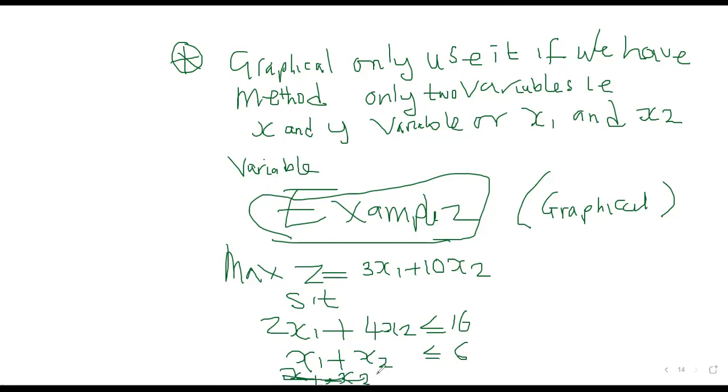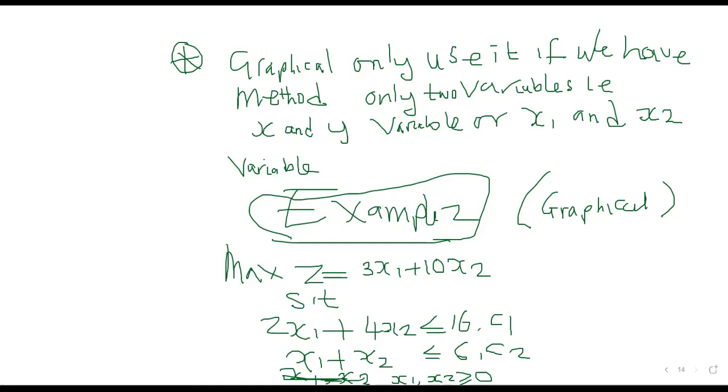So we have now just these two, constraint 1, constraint 2, and then you simply say x1 and x2 greater or equal to 0. All right, so we have to graph those ones. We need to graph them.